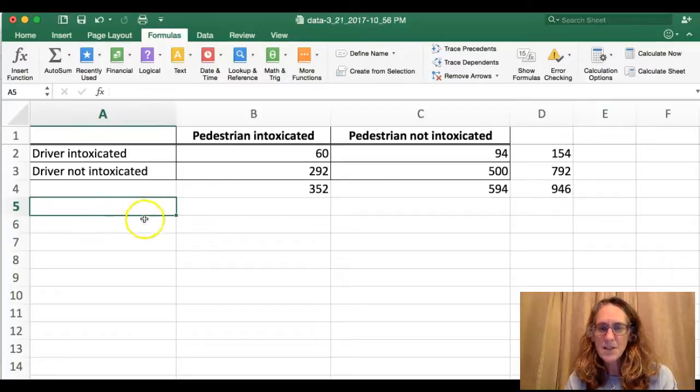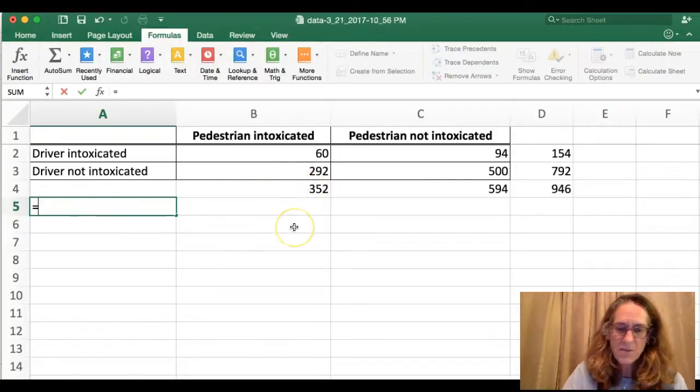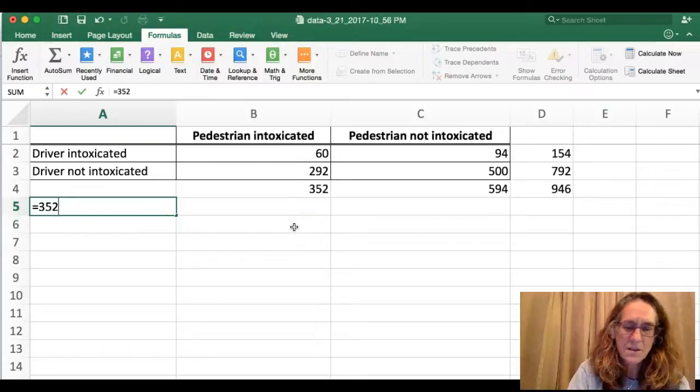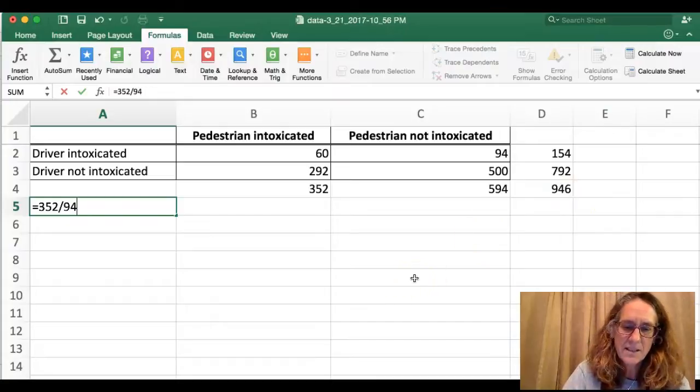All right, so now I can use this as a calculator. If you hit equals when you type in Excel, it treats it as a calculator. So for example, the probability that the pedestrian is intoxicated is equal to the number of pedestrians that were intoxicated, 352, out of the total accidents, 946.